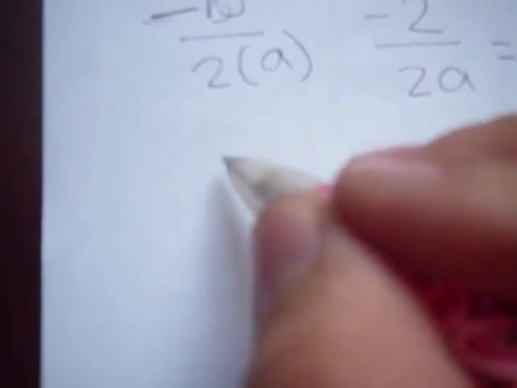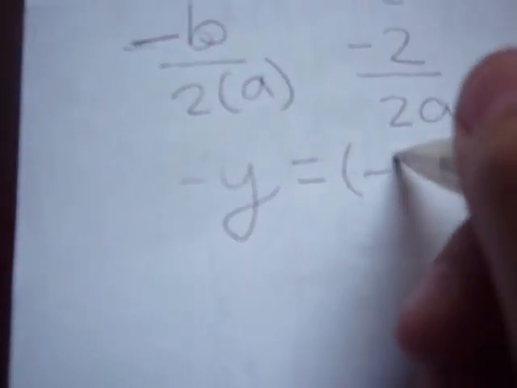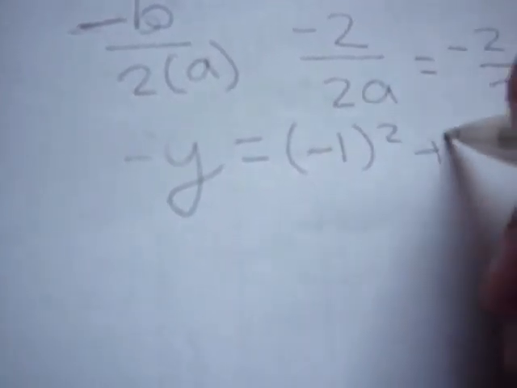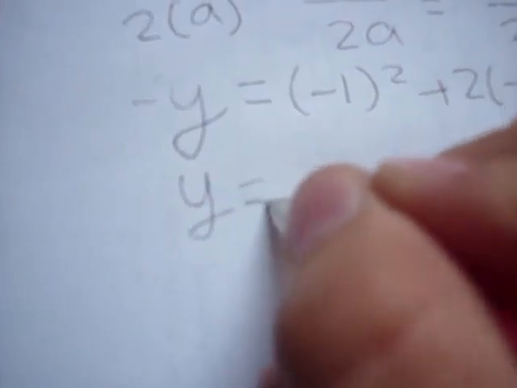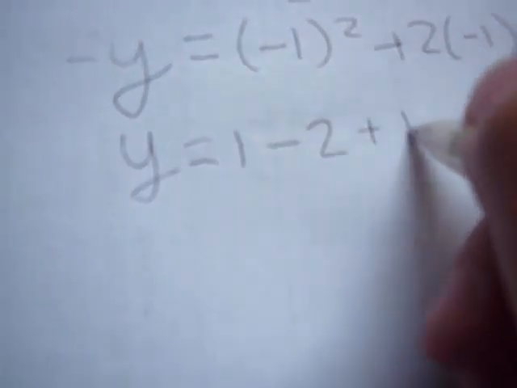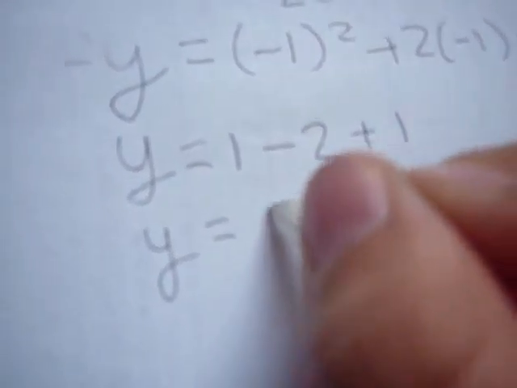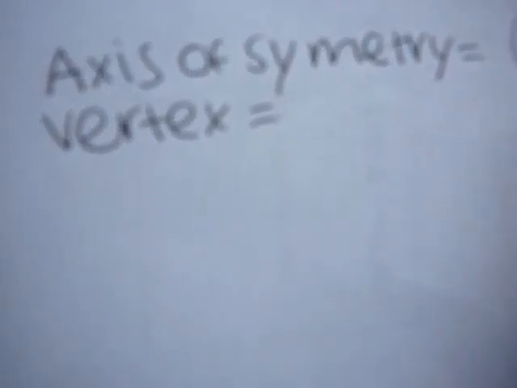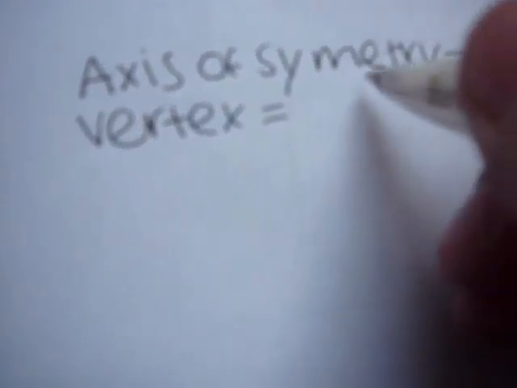Now we have to substitute in the equation. So it's going to be y equals 0. So the axis is minus 1, and the vertex is minus 1, 0.